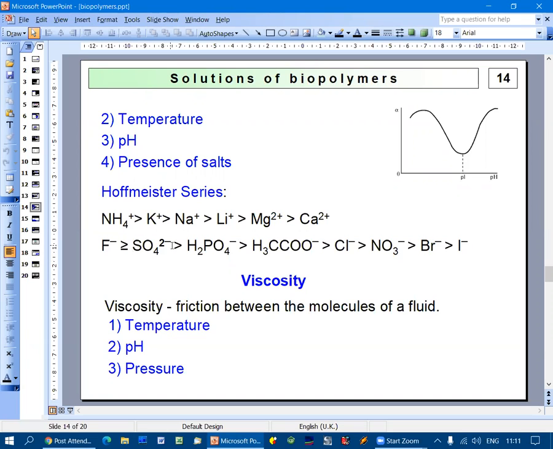So if we compare the degree of swelling of a polymer in water or in sodium sulfate, not ammonium, but sodium sulfate. Sodium sulfate is a non-hydrolyzed salt. The presence of sodium sulfate doesn't change the pH value of a solution.